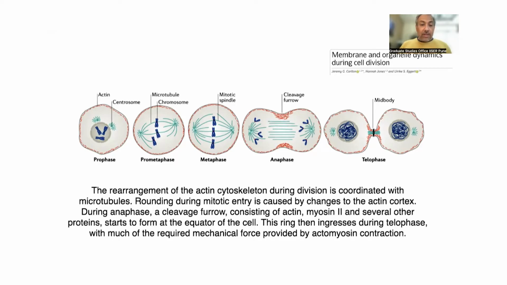During anaphase, a cleavage furrow consisting of actin, myosin, and several other proteins starts to form at the equator of the cell. This ring then increases, along with the actomyosin, contractility provides much of the mechanical force that is required for pinching the two cells apart effectively, right?